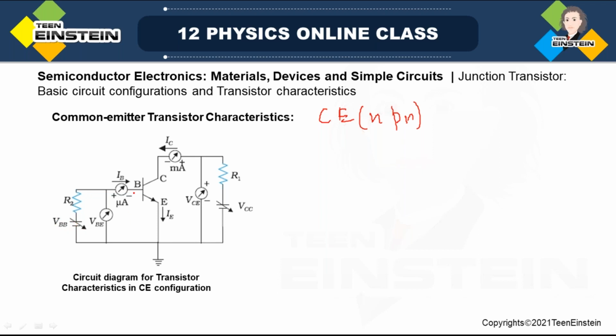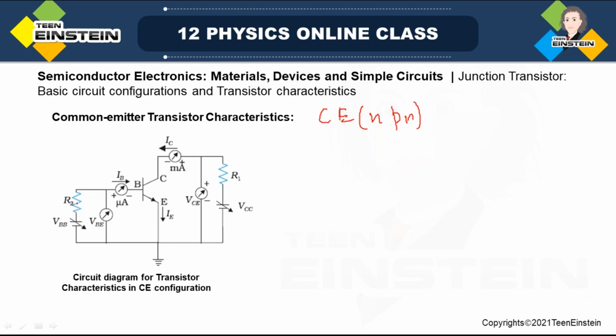With this we can bias the input junction. The voltage which we apply across this junction is called VBB. There is also a rheostat connected so that you can vary the biasing voltage.